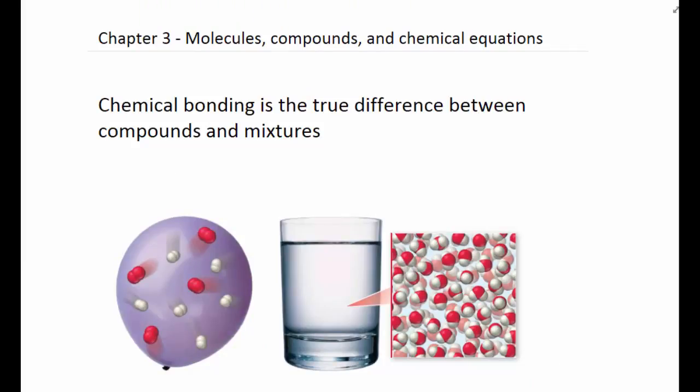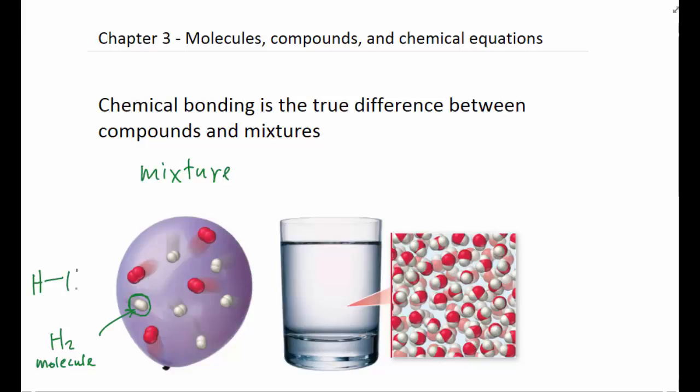So inside of this balloon here, this is a mixture. It's a mixture of hydrogen molecules. Okay? That is an H2 molecule. It's a molecule because there are two H atoms, right?